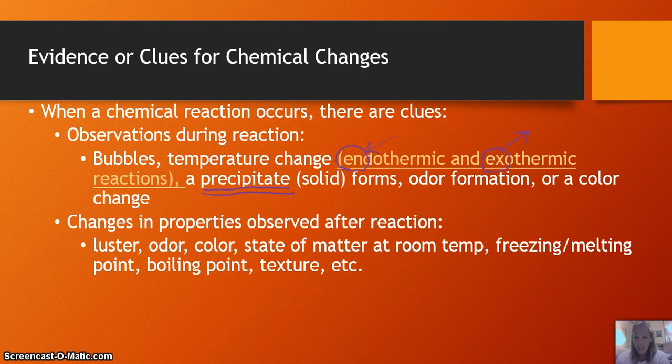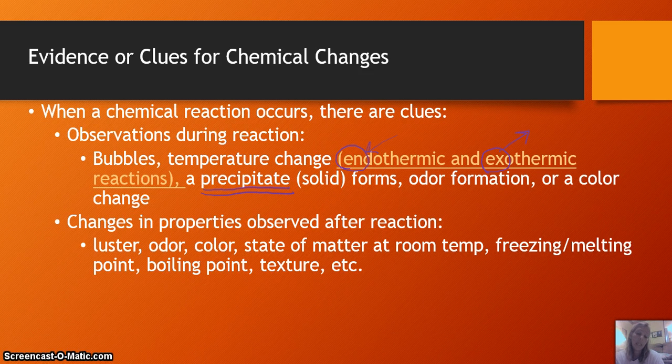Another thing that could happen is you have an odor form where before there was no odor noticeable. And the same thing with the color, that the substances when mixed change color altogether, so neither substance is the same color that it was prior to the joining of the substances.